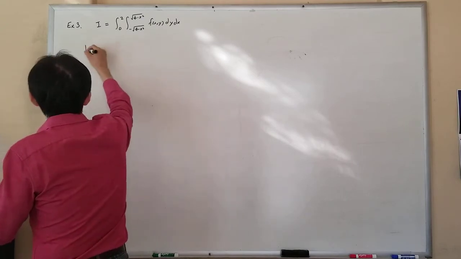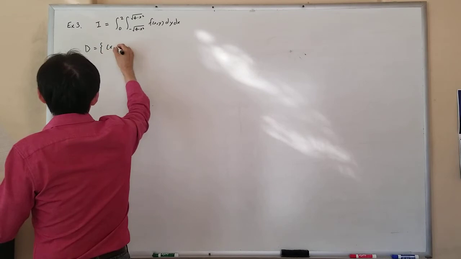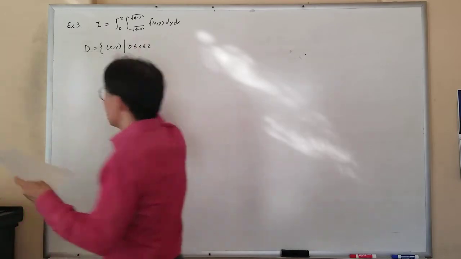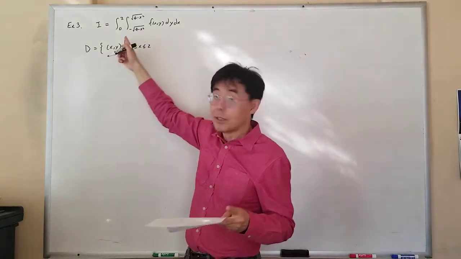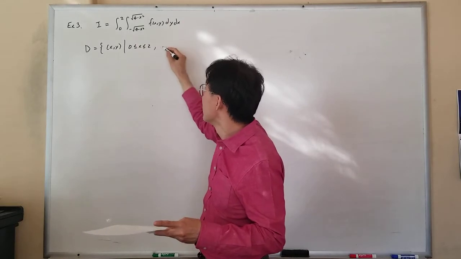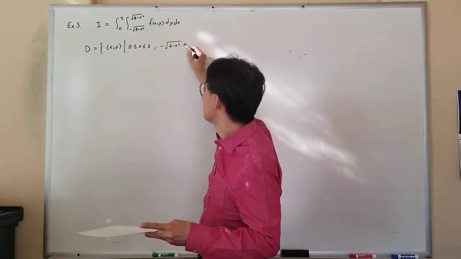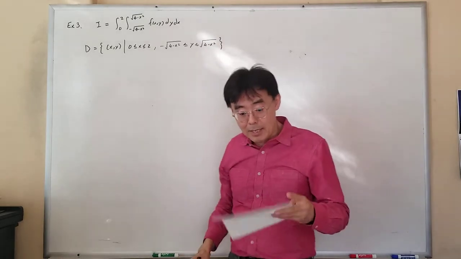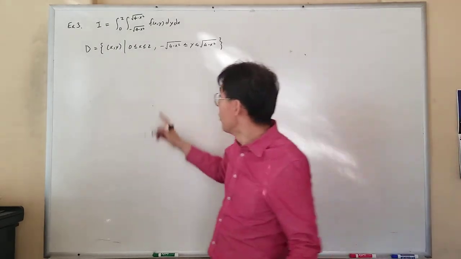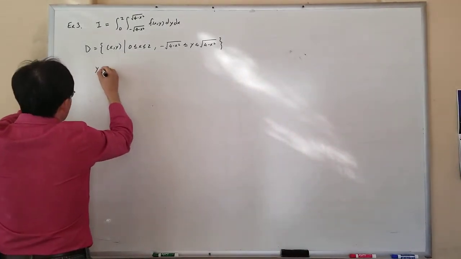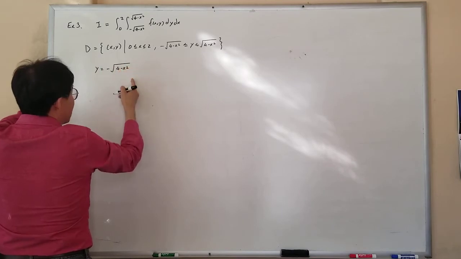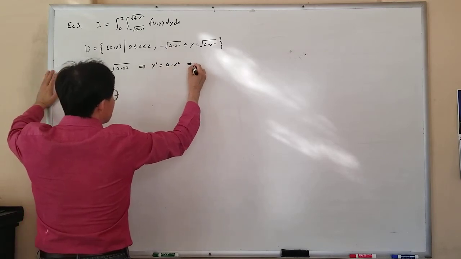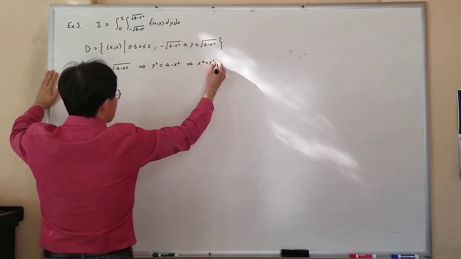So what is the domain of integration as given? X runs from 0 to 2. For given x, y runs from here to here. Now, what is this? Y equals negative square root of 4 minus x squared. If you square it, you get x squared plus y squared equals 4.